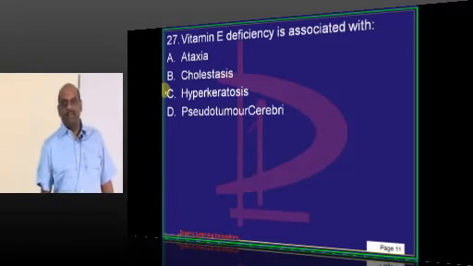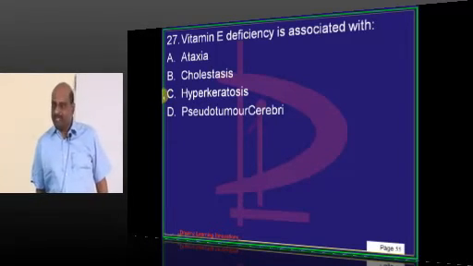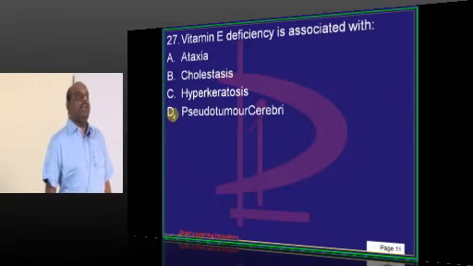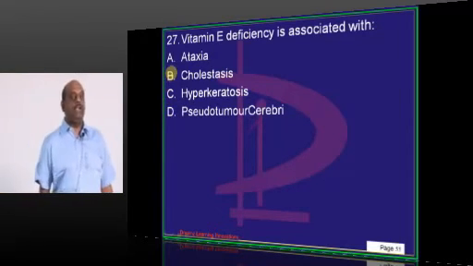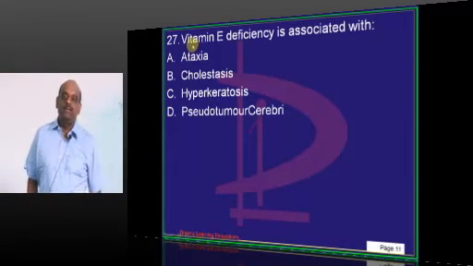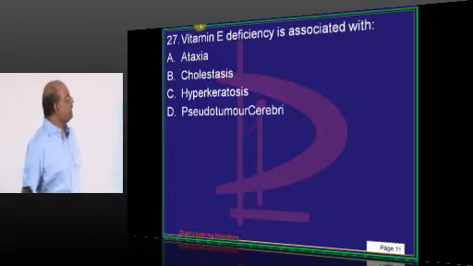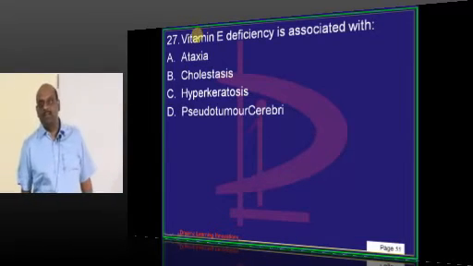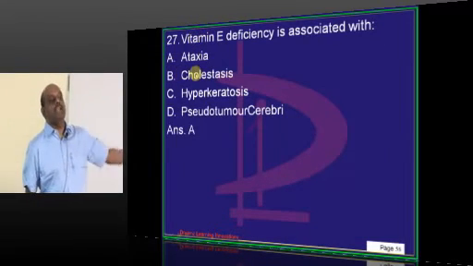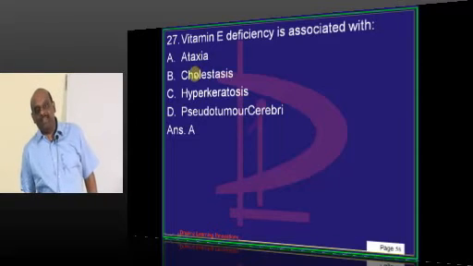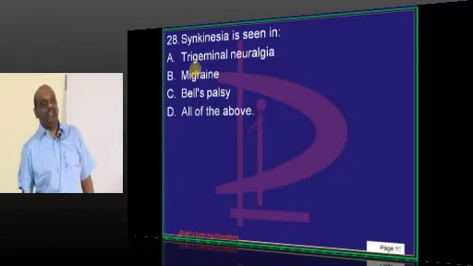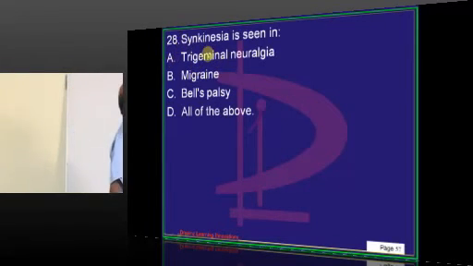Any other answer? Vitamin E is an antioxidant. You require antioxidants to prevent injury to which tissue in our body? Neurological tissue. If neurological dysfunction is there, what do you get? Ataxia. Because vitamin E is an antioxidant, that needs to be remembered.